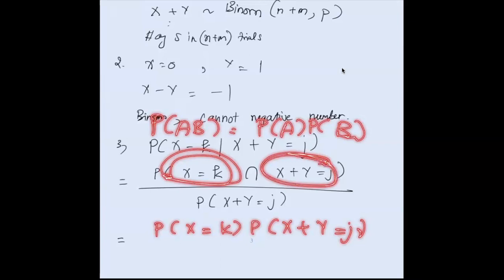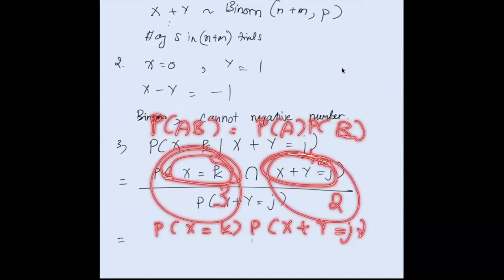Yes, it does, right? Because if, let's say, j is 2 and k is 3, if we know that x equal 3 is true, then it tells us that x plus y equal 2 cannot happen. So x and x plus y are not independent random variables. So we cannot use this formula.